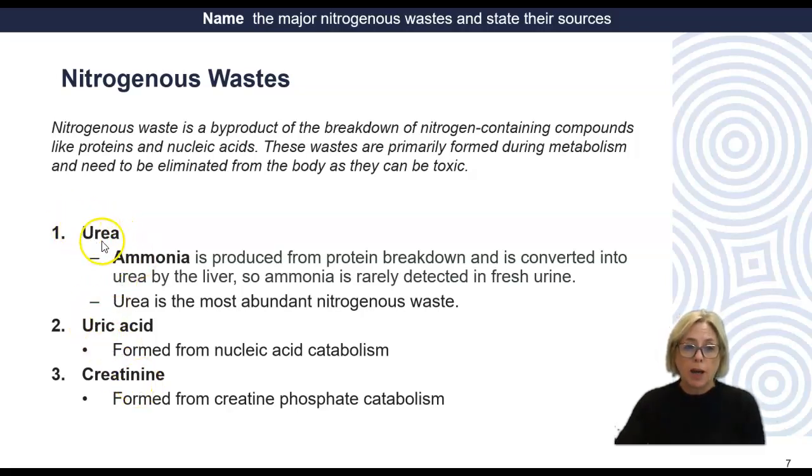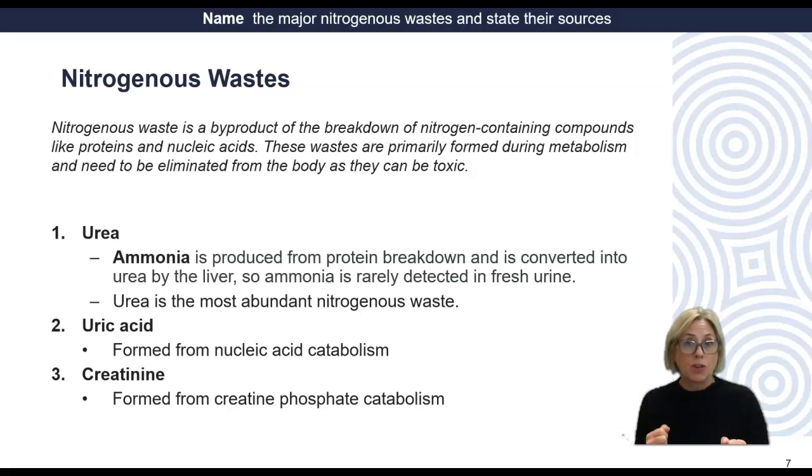Now, urea is formed from ammonia. Now, ammonia is produced from protein breakdown, and it is very toxic. And if it builds up in the body, it can create a situation called ammonium intoxication. And the brain in particular is very sensitive to increasing levels of ammonia.